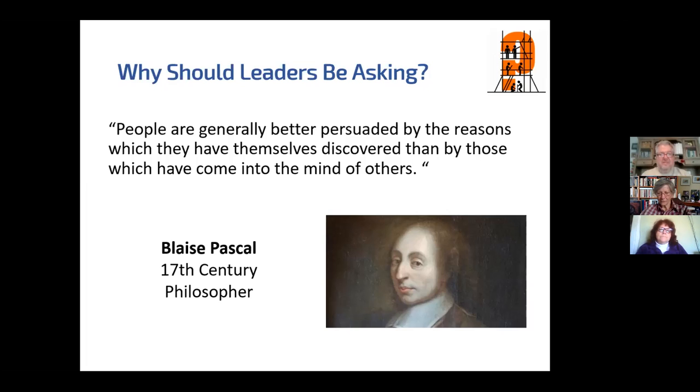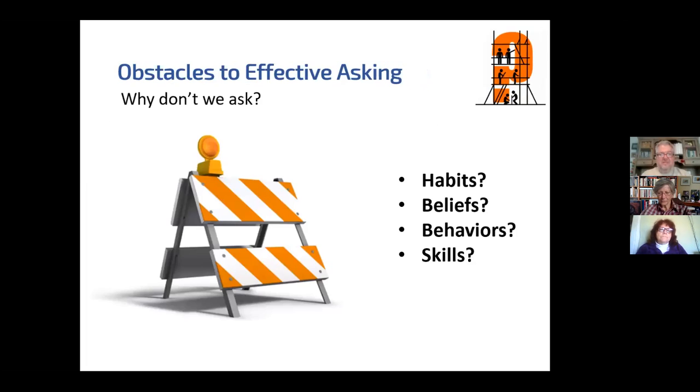Well, it goes back to the 17th century, plus all the reasons that you shared. But yet, sometimes we don't ask. We know we should, we don't. Our clients, maybe we help them understand that they should. Why don't they? Is it habits, beliefs, behaviors, or skills? So what thoughts do you have on what prevents us from asking?